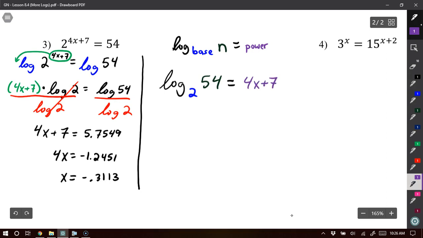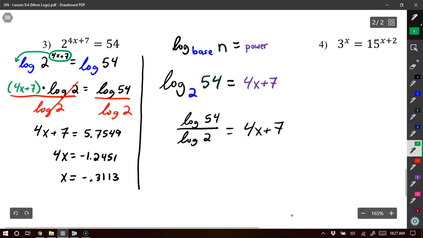That is just translating back from the first time we learned logarithms. So I'm just translating it, and then I use my change of base. I have log of the number in the numerator, so log of 54 divided by log of the base in the bottom, log of 2 equals 4x plus 7.